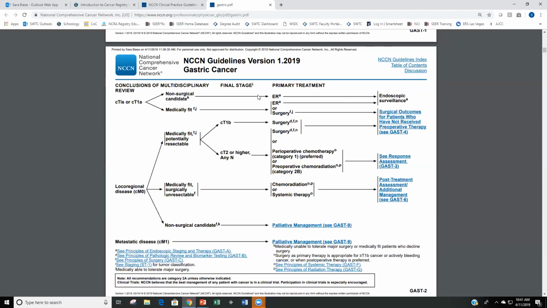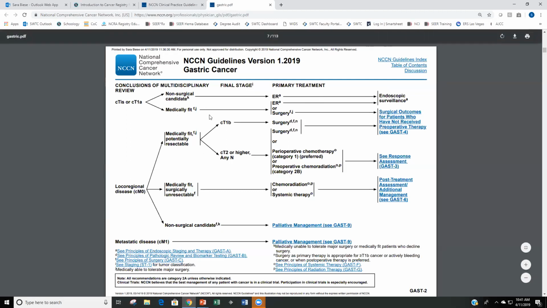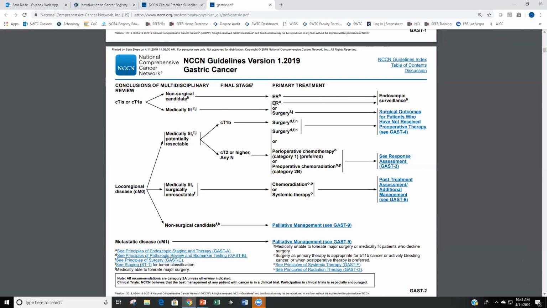So they would do that endoscopic mucosal resection. If they are medically fit, they could either do the resection or go on to surgery. And if they're fit enough, have that big surgery, because that surgery is going to be the best outcome for that patient.